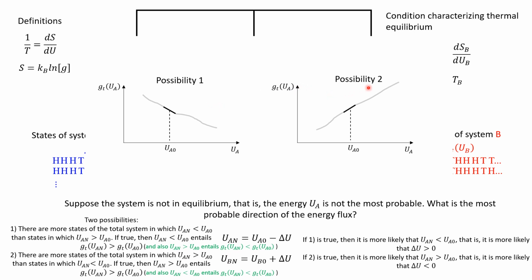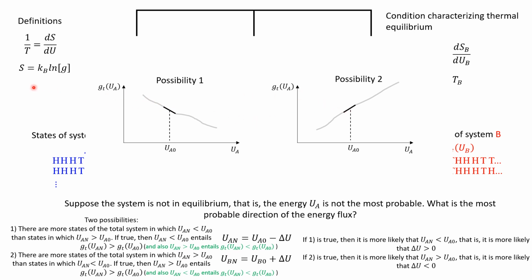On the other hand, if possibility 2 is true, if the slope is positive, then we have more states with the property higher energy than states with the property lower energy. So it is more likely in this case that the energy of system A will increase. So it is more likely that system A will receive energy from system B. So to identify which possibility is the true one, we need to inspect the slope of the multiplicity.